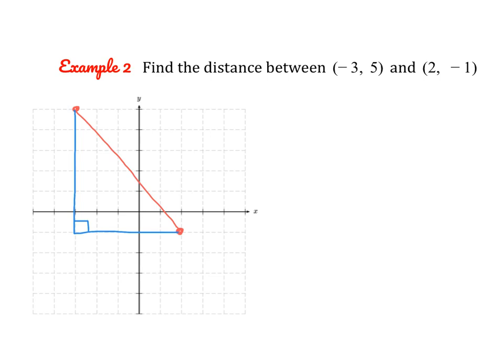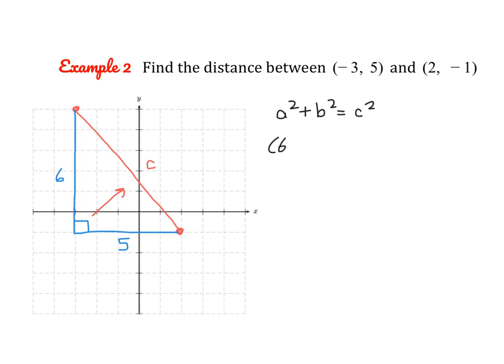So this line, or this leg, has a distance 1, 2, 3, 4, 5, 6. And my other leg has a distance 1, 2, 3, 4, 5. And then this is our hypotenuse, so we'll call it c. So we can solve using the Pythagorean theorem. a squared plus b squared equals c squared.